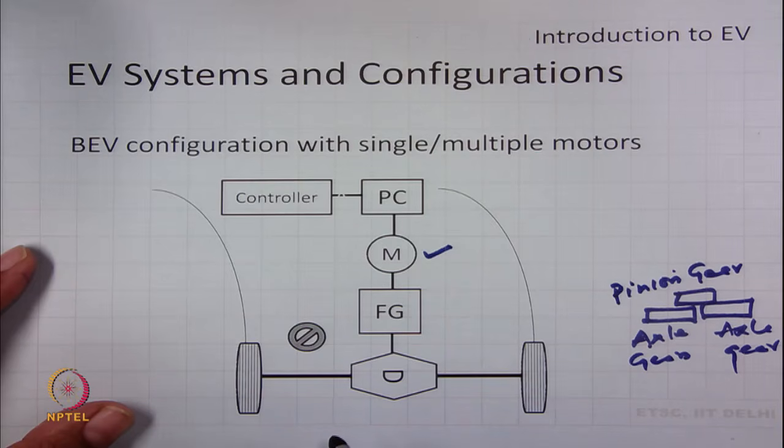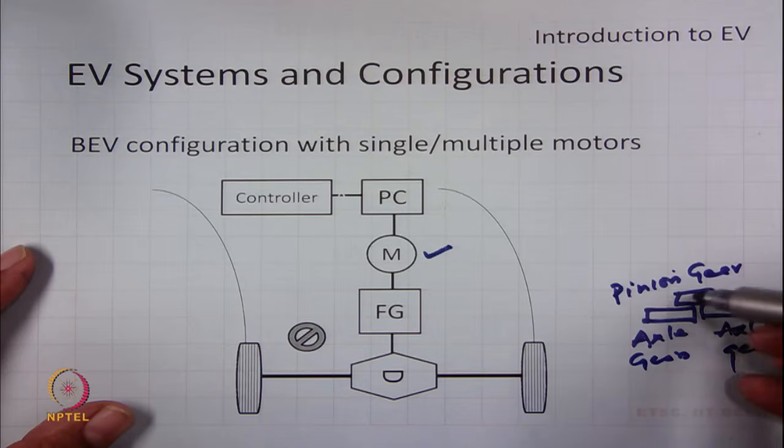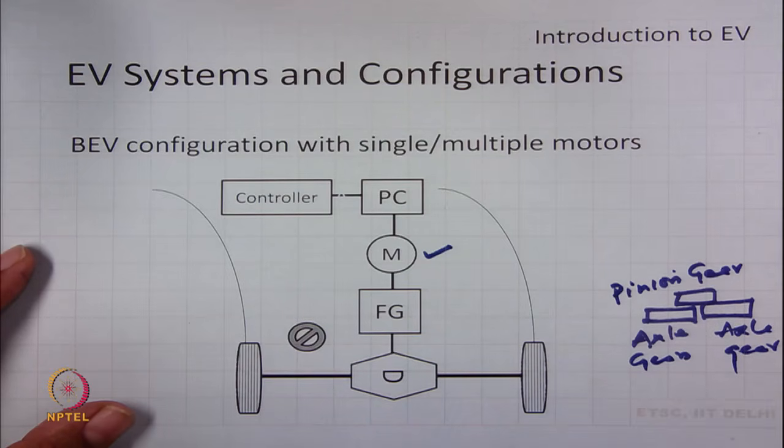So, depending upon the requirement of turning the vehicle, it creates a differential of speed between these two axles, such that the vehicle can be turned.